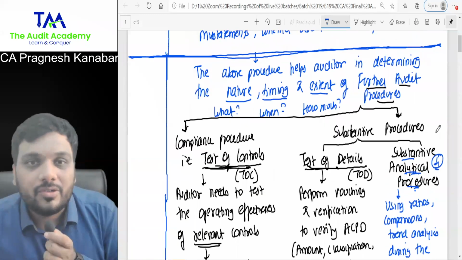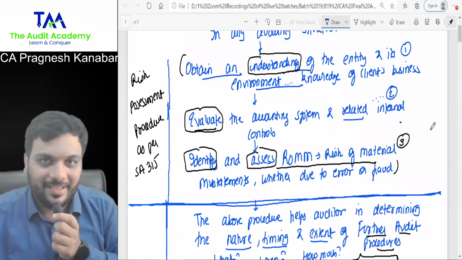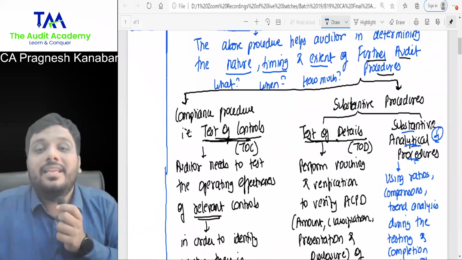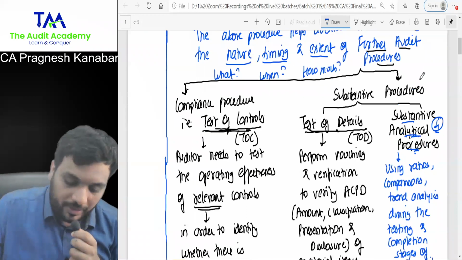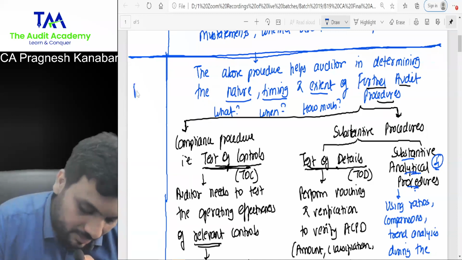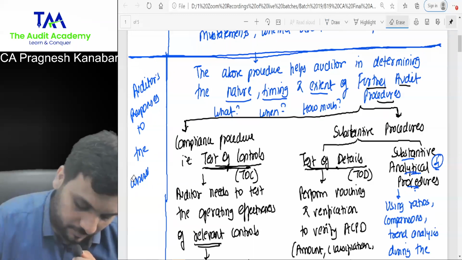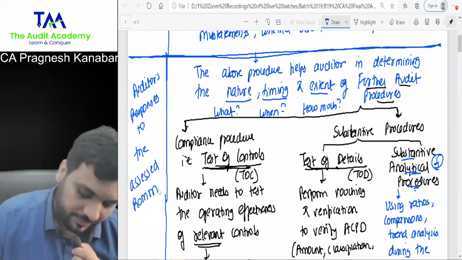All right. So listen to me. First, auditor has assessed the risk. What can go wrong? How much can go wrong? All right. And then he responded to the risk. And that is why this whole topic of further audit procedure is technically called auditor's responses to the assessed risk of material misstatement.